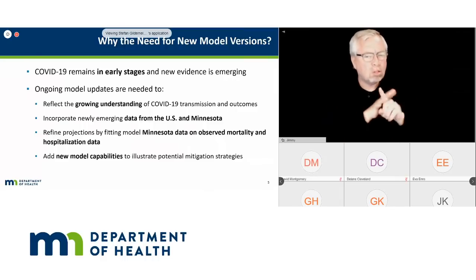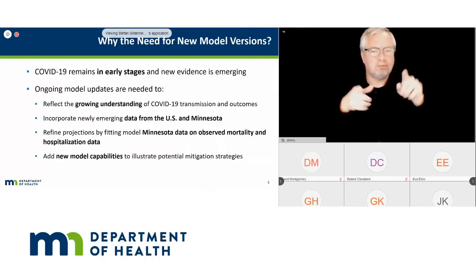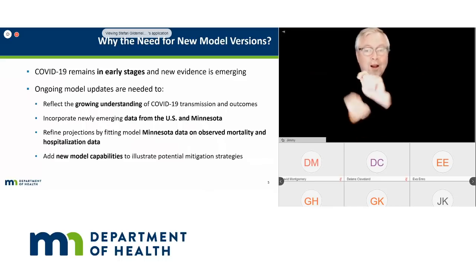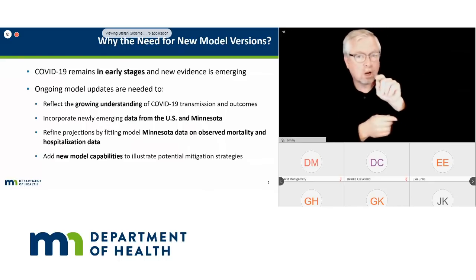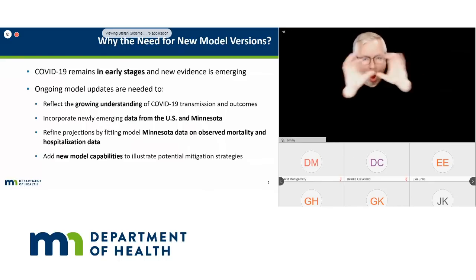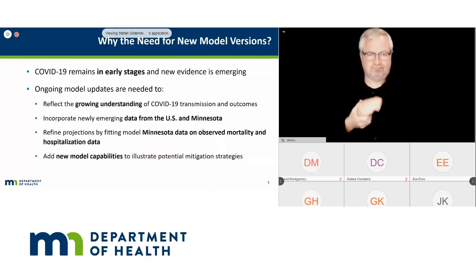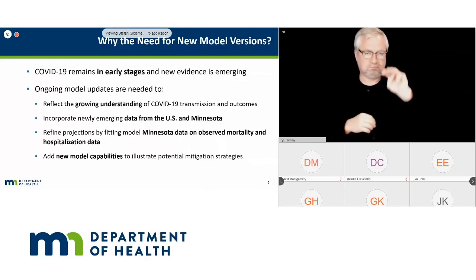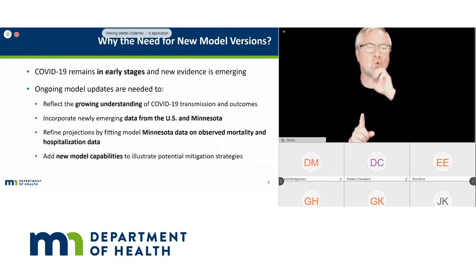So the updates take into account our growing understanding of transmission and outcomes. They incorporate new data from the US and Minnesota, replacing some of the evidence that had earlier emerged from China.